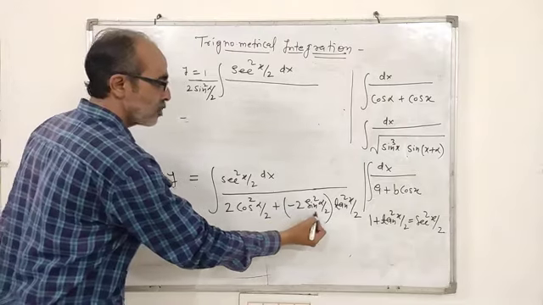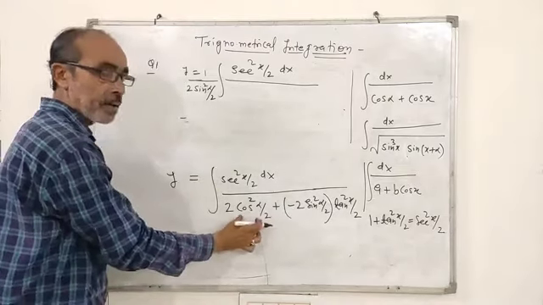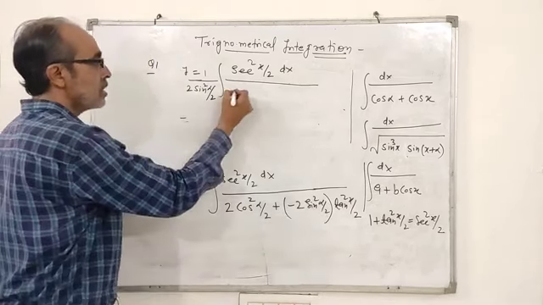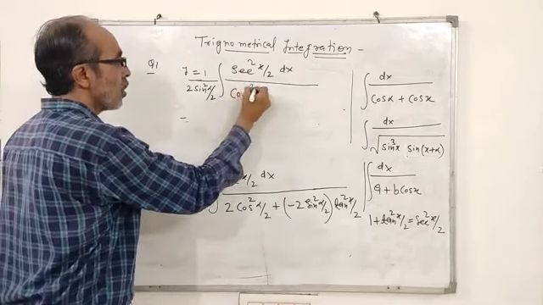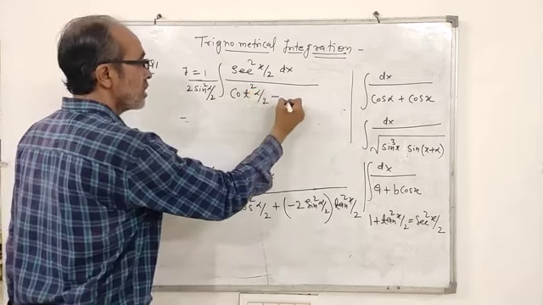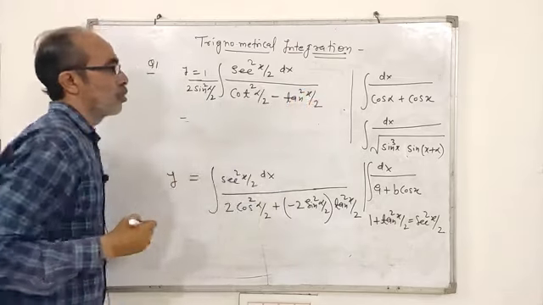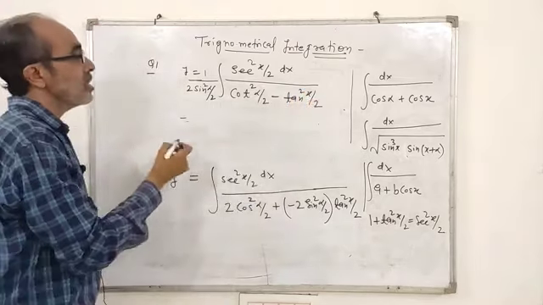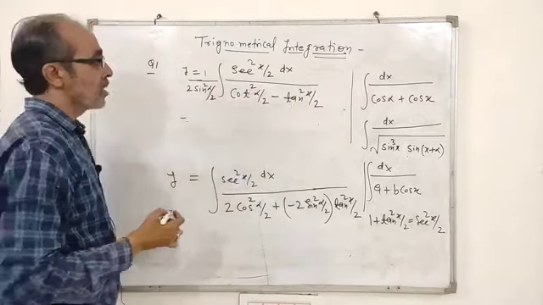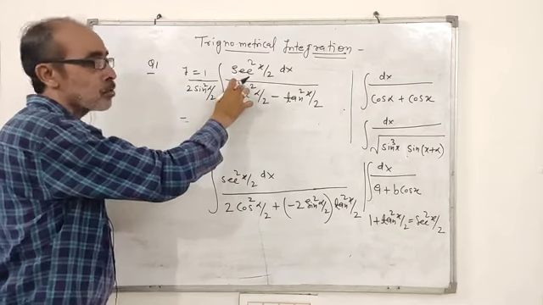This term cos square alpha by 2 divided by the common term sin square alpha by 2 is cot square alpha by 2, and here is negative tan square x by 2. So tan x by 2 is our variable term and this one is constant, written as a square.